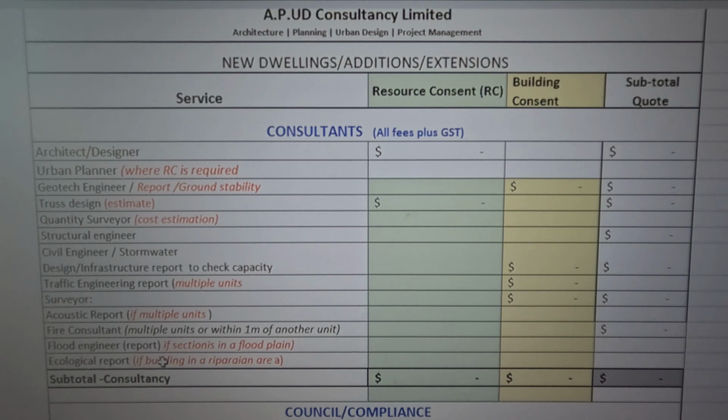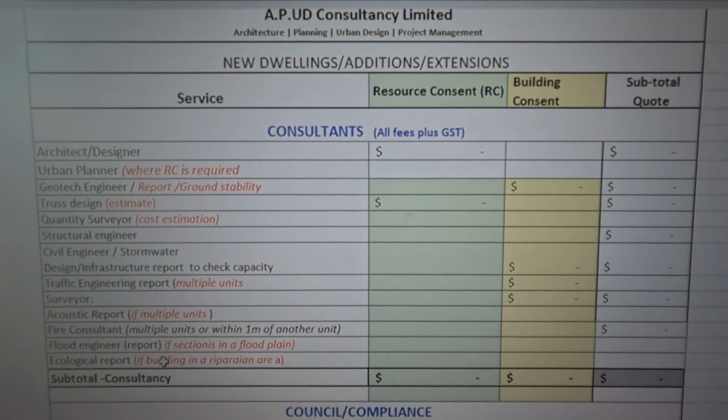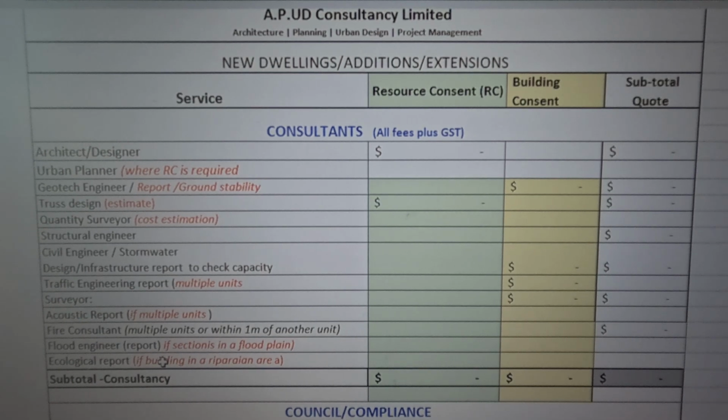And at the end of the day, you probably will need to appoint a project manager to manage all of them. So you can see from what I've explained and what I've listed just how much money you're going to spend on consulting when you're building in New Zealand.